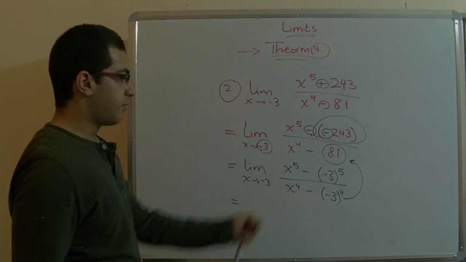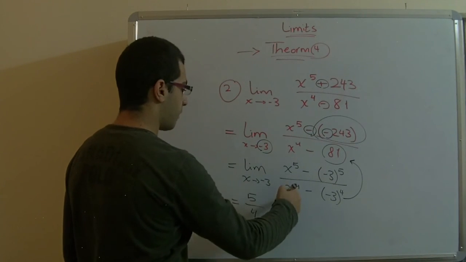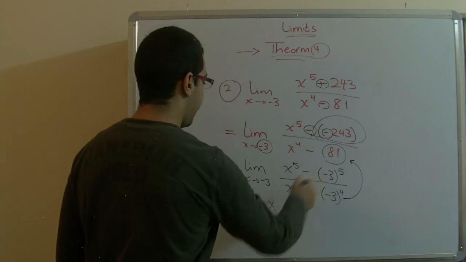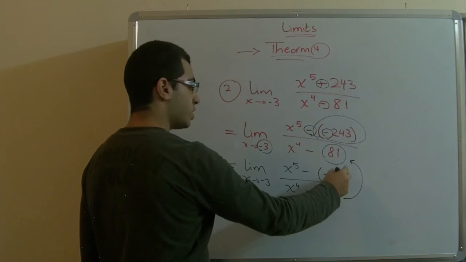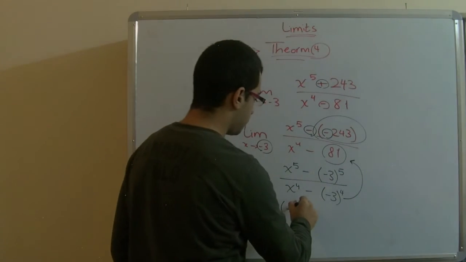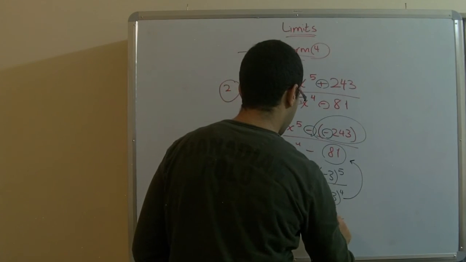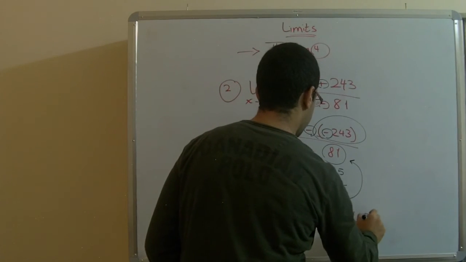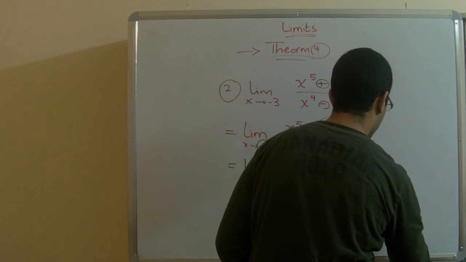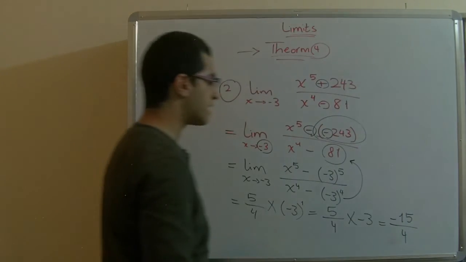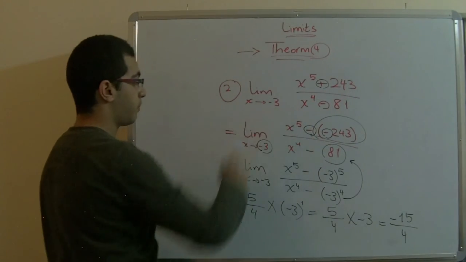And we can get the result easily. We have 5 over 4, m over n, multiplied by a to the power m minus n, which is here 5 minus 4, gives us 1. So the result is 5 over 4 multiplied by negative 3, to yield negative 15 over 4. So this is our result. And we must take notice of the tricks found here in the problems.